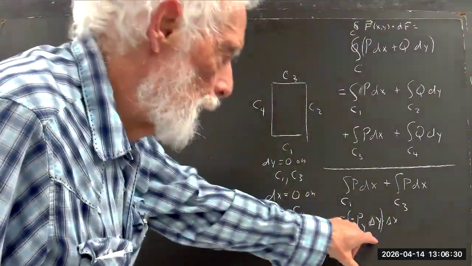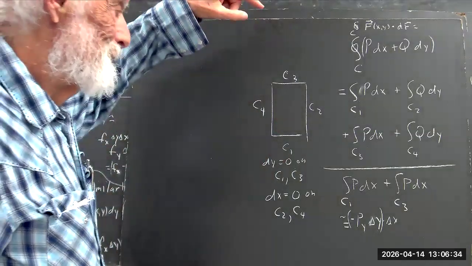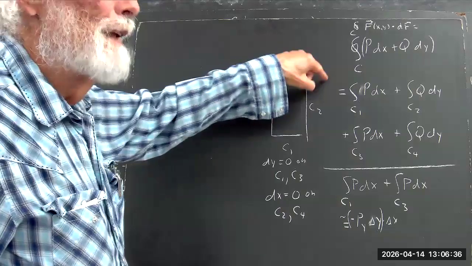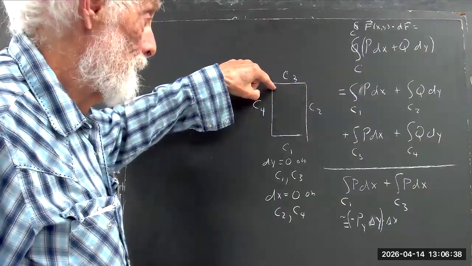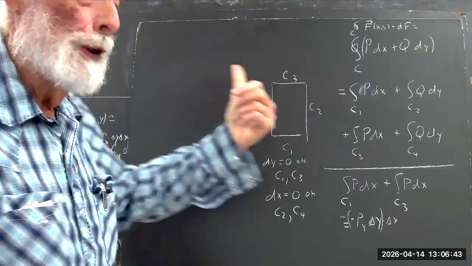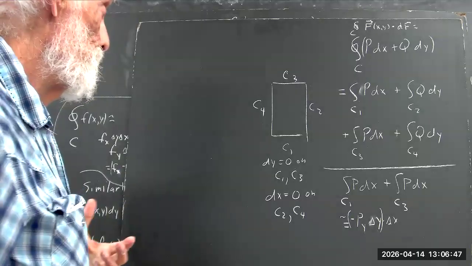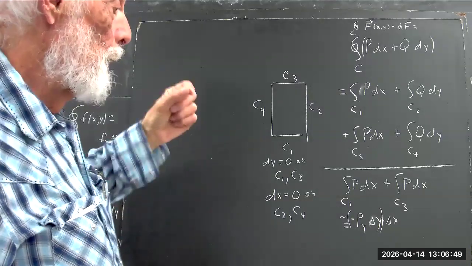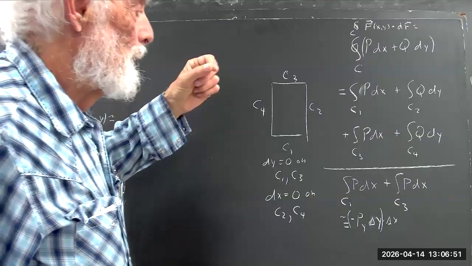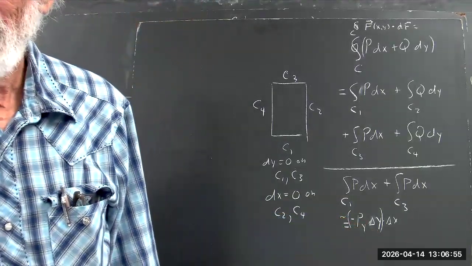The negative Py delta y is because on the upper part of the path, C3, moving to the left across the top of the rectangle, is where the difference Py delta y occurs.